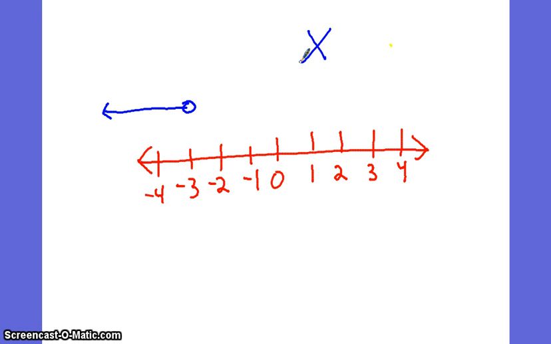And x is going to represent a number for us. Can x be negative 3? And the answer is no, because I used an open circle. So x is less than negative 3. What x is, again, I don't know. I'm not interested in that. I'm interested in graphing it. As long as I can show that x is definitely not negative 3, and x is less than it, I'm doing this problem right.